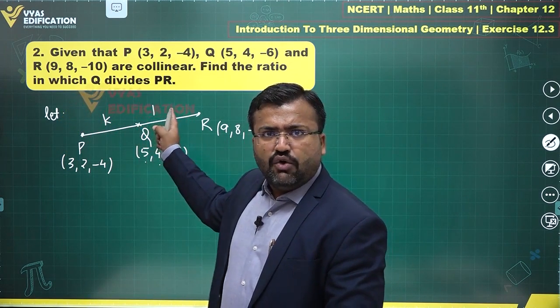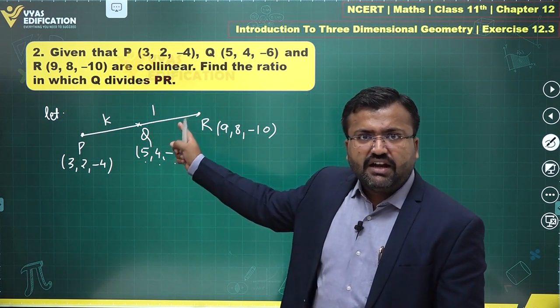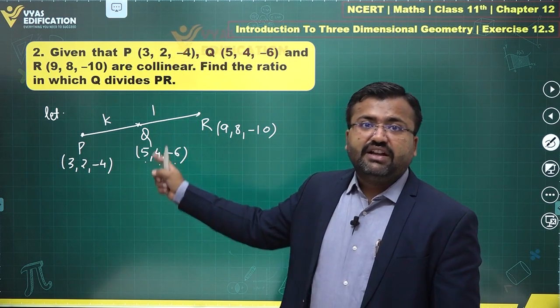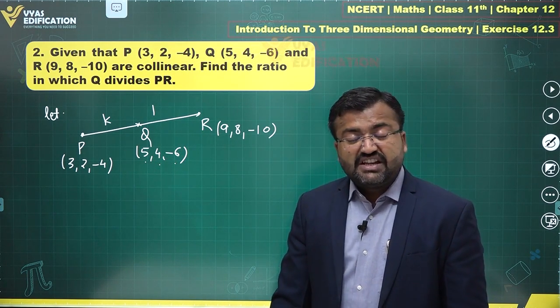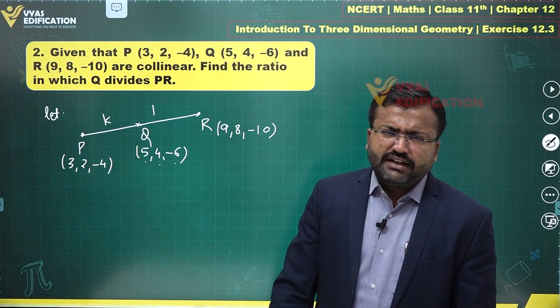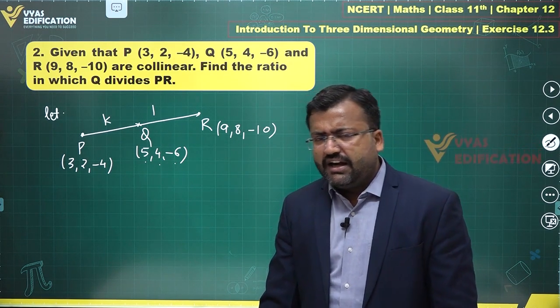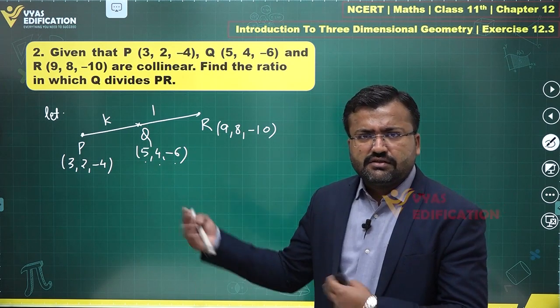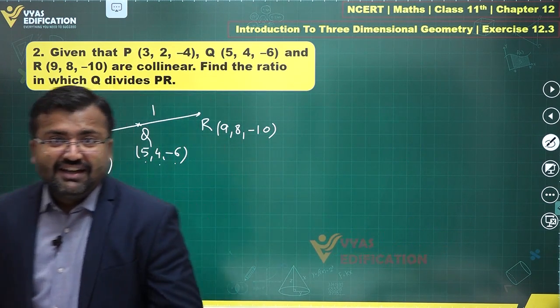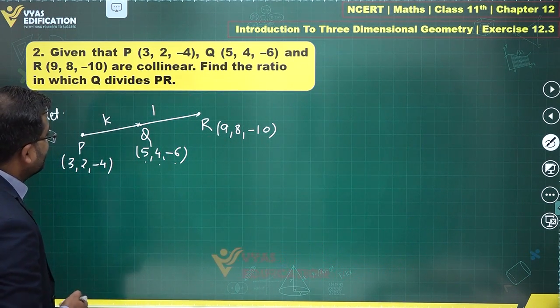And the person said, okay, these 3 points are collinear, then find the ratio. So obviously from X coordinate, Y coordinate, Z coordinate we will get the same value of K. And if we do not get the same value of K, that means there is something wrong in the question. Okay, yes.